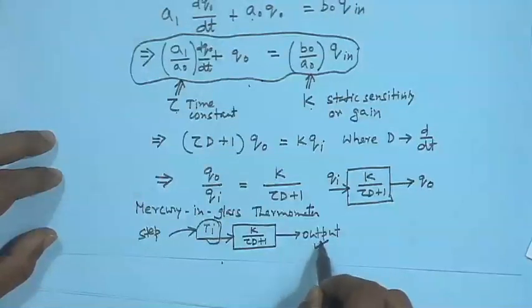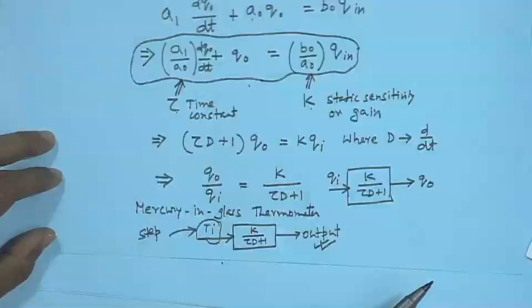I can determine what will be the output of the mercury glass thermometer, where the mercury level will rest in the scale.